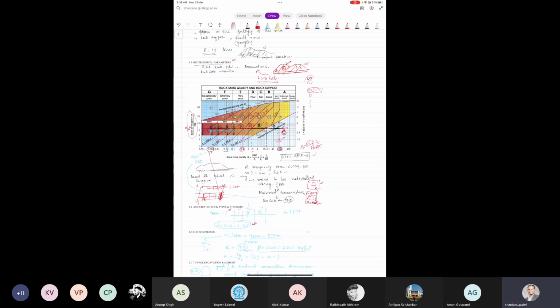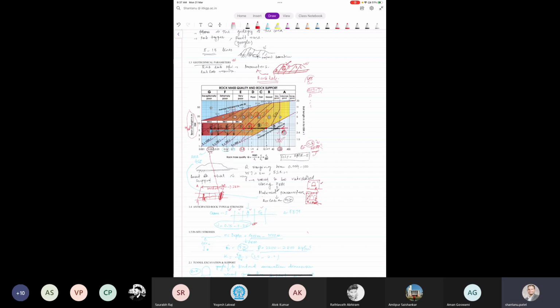Can anybody tell me what is the relation between Q and RMR? RMR is equal to 9 ln Q plus 44, right? So you use that equation here to find out what is the corresponding RMR value.